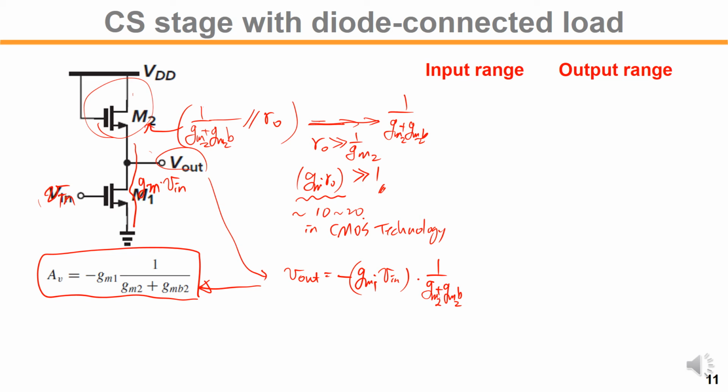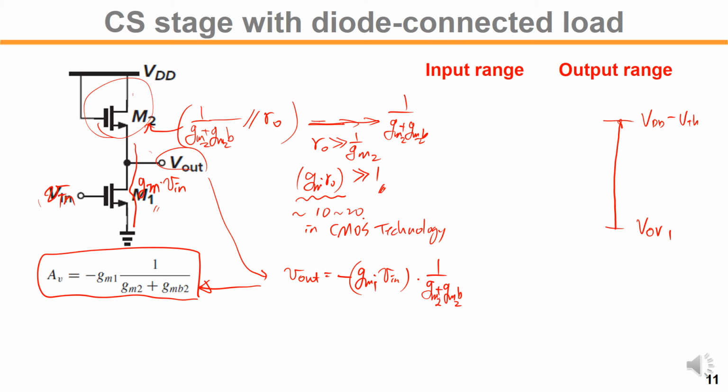Now let's identify the signal range in the large signal sense. For the output range, as we mentioned, the maximum voltage it can go to on the output side is VDD minus VTH. But the lowest voltage would be, in order for M1 to be in saturation, V overdrive 1.